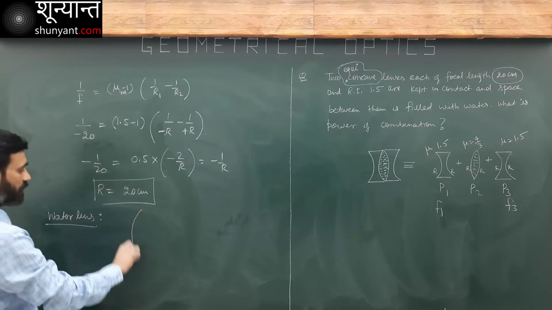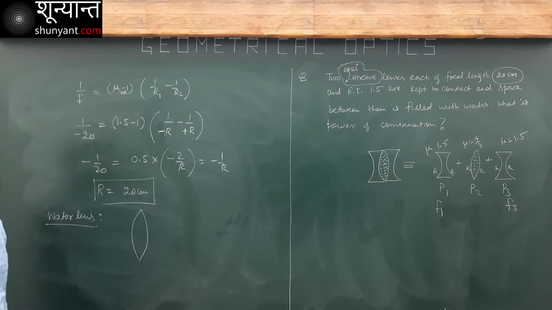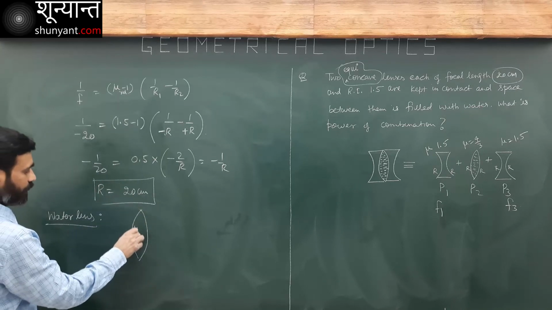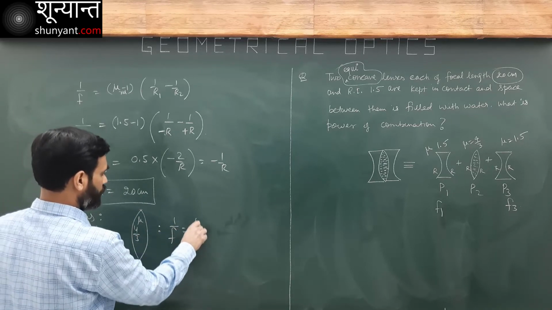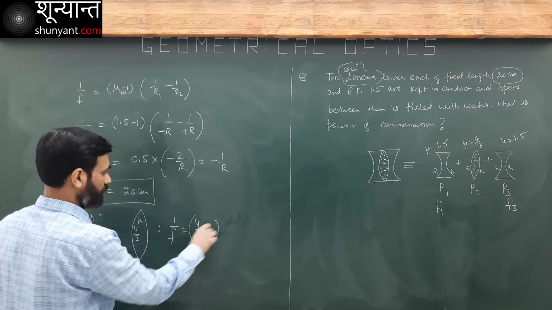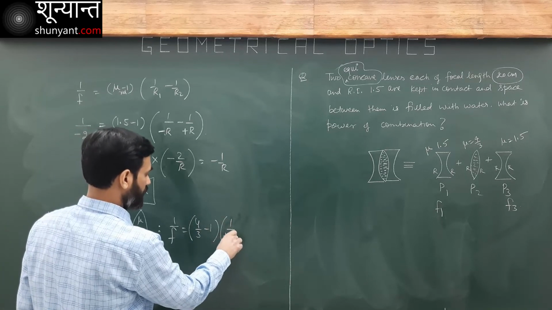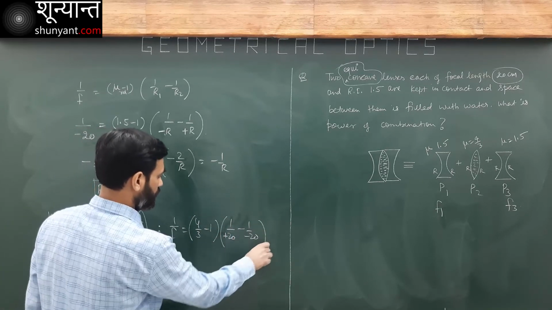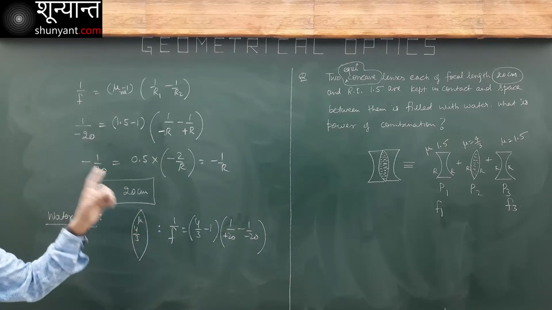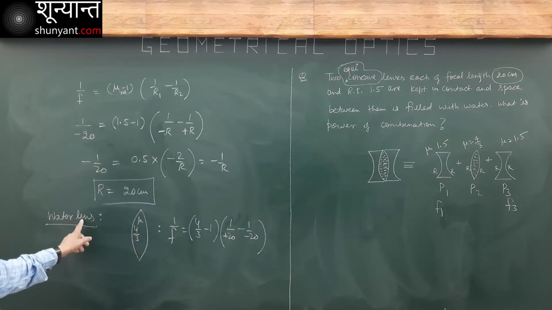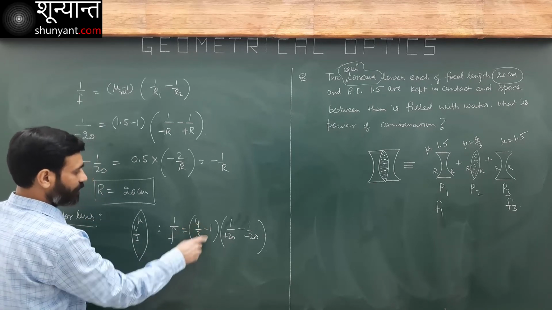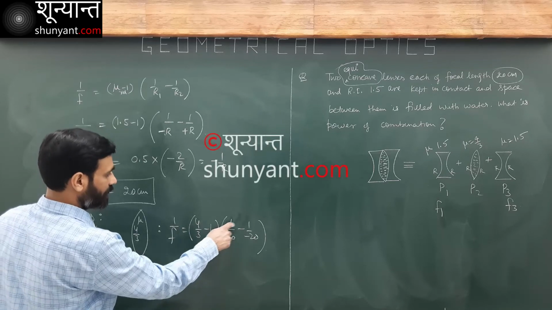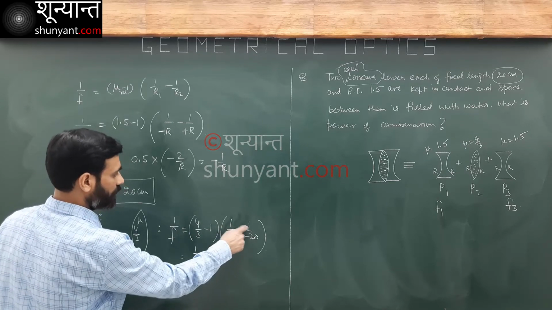Now the water lens is going to have the same radius. Mu here is 4 by 3. What will be the focal length? 4 over 3 minus 1, times 1 over plus 20 minus 1 over minus 20. This is 1 over 3 times 2 over 20.